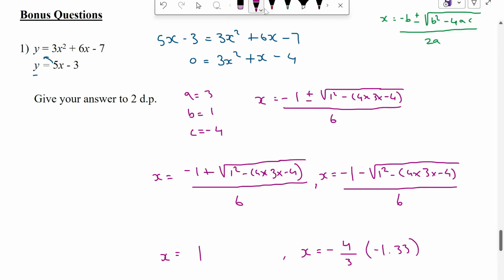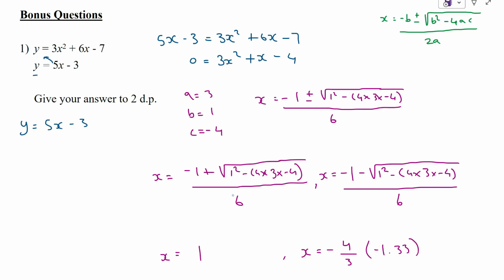Now let's work out the 2 values for y. So y equals 5x minus 3. And even to work out the value of y, this value as a fraction is easier to use, and then we round for our final answer.